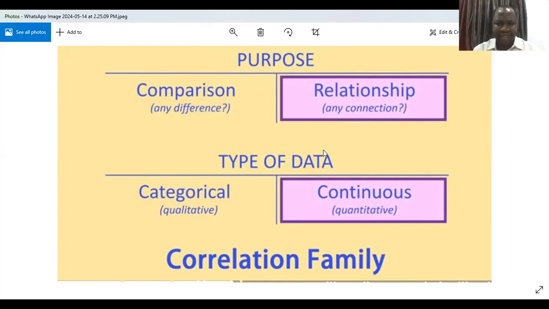I'm dealing with the income of the respondent, household size, height, a measurement I took. Then you are looking at continuous data, and for relationships, you are looking at correlation.